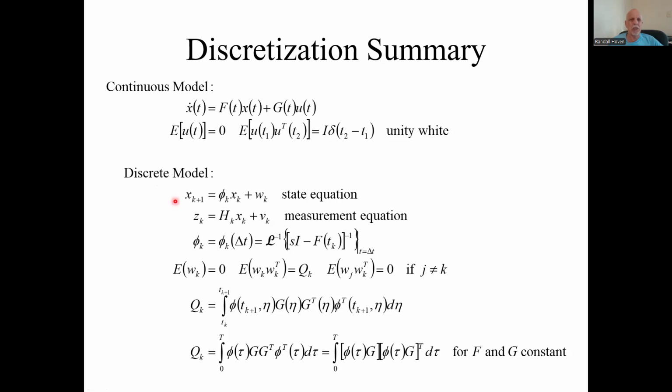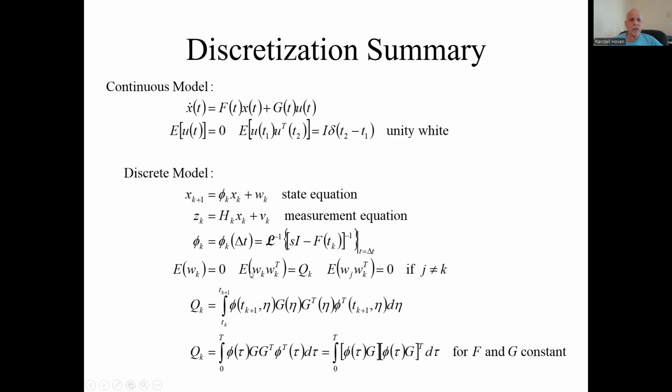Discretization means come up with basically this discrete state equation, x of k plus 1 equals phi x of k plus w. And the big things we do are find this phi. We have a formula for it.